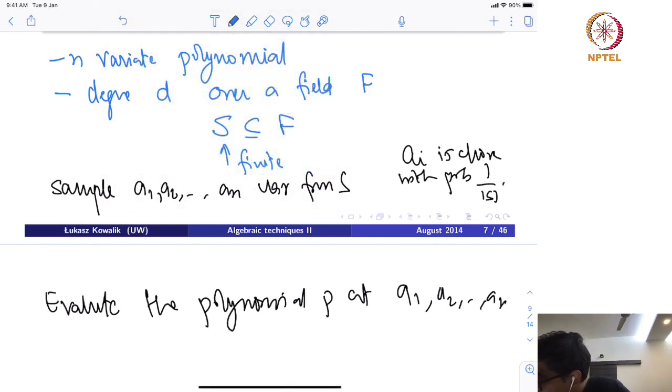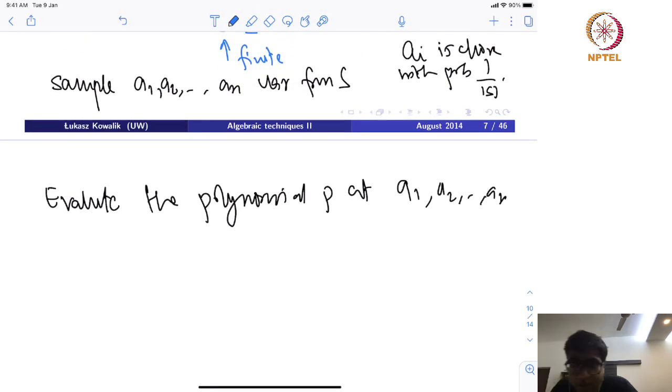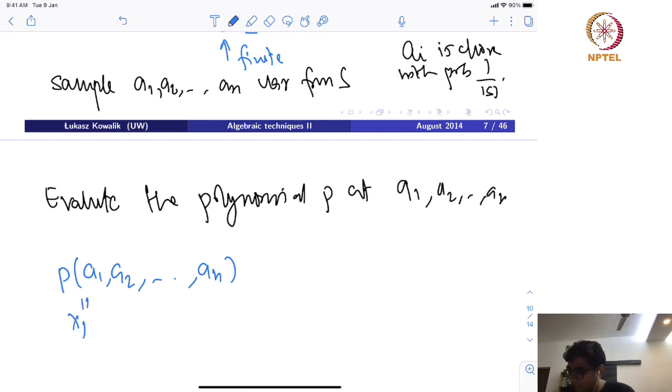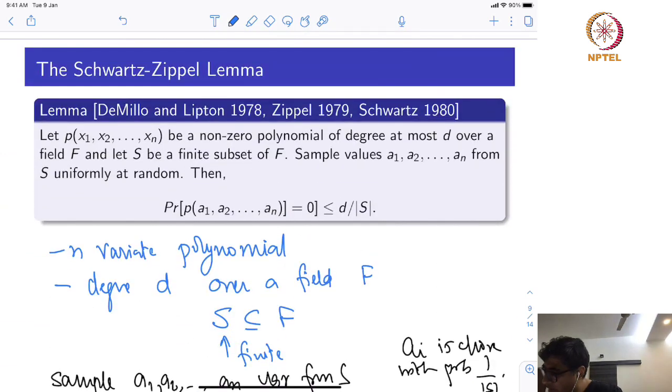So, now let us look at p(a1, a2, ..., an). That is, you substitute a1 for x1, you substitute a2 for x2, ..., an for xn. You evaluate this polynomial. Okay. So, this is what it means.